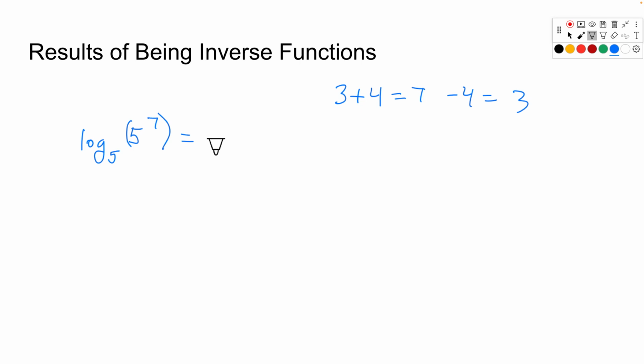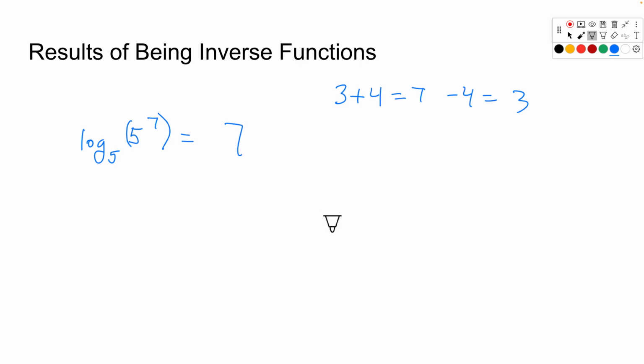So what do I end up with? Good, I end up with 7. So this logarithm base 5 is the inverse of 5 to some power. So it's like, yeah, the exponent is the answer.